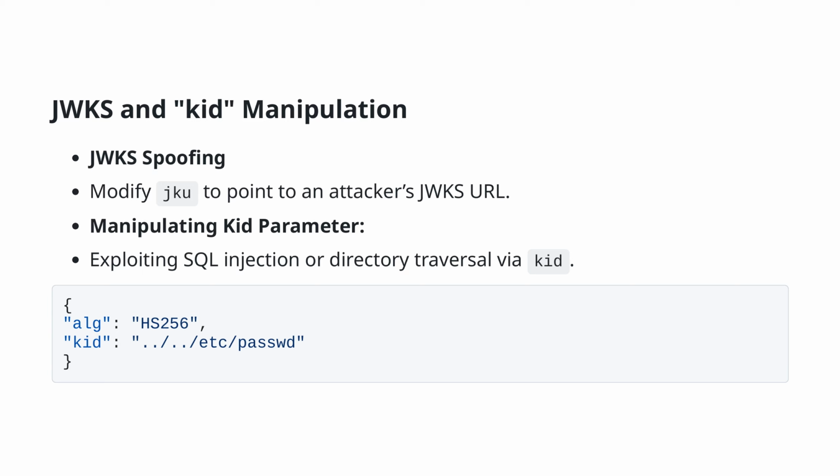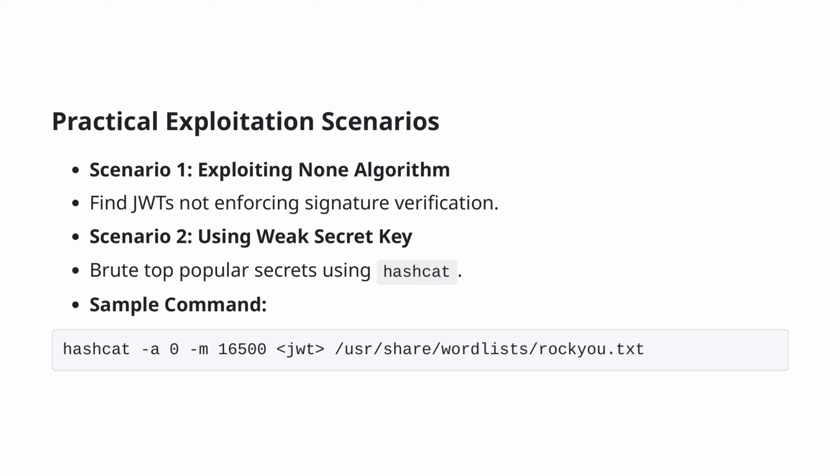In this slide, let's look at practical exploitation scenarios. These scenarios highlight vulnerabilities found in JWT implementations. The first scenario deals with exploiting the none algorithm. This involves identifying JWTs that do not enforce signature verification, which could allow an attacker to manipulate token contents without being detected. The second scenario focuses on the use of weak secret keys.